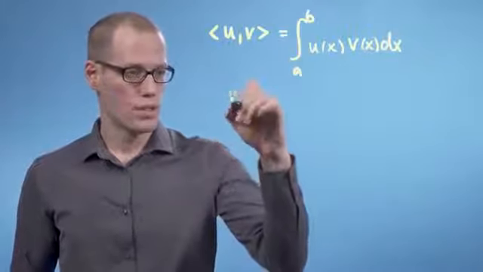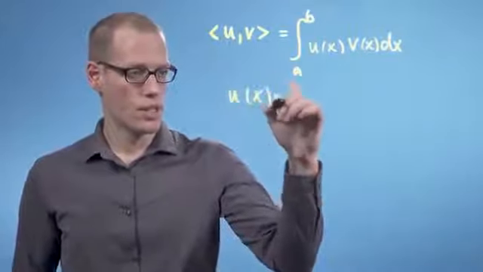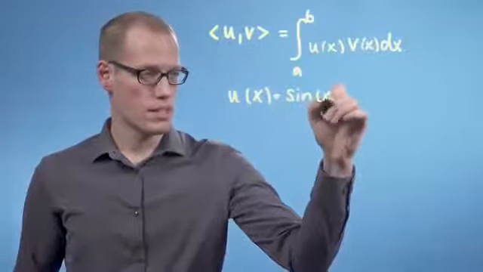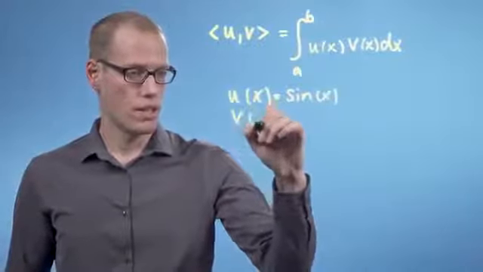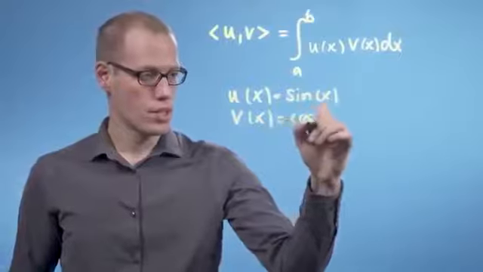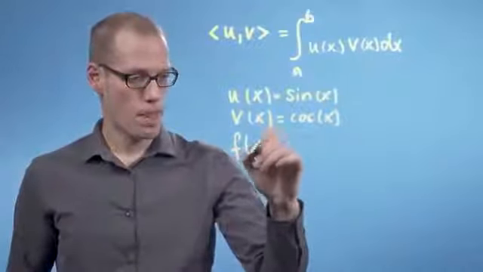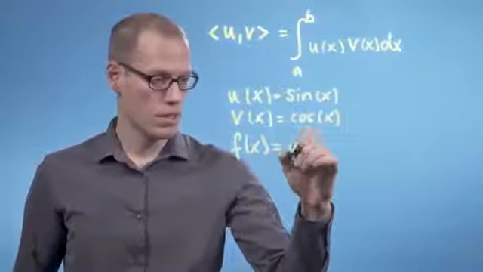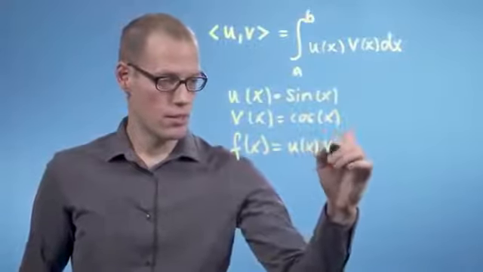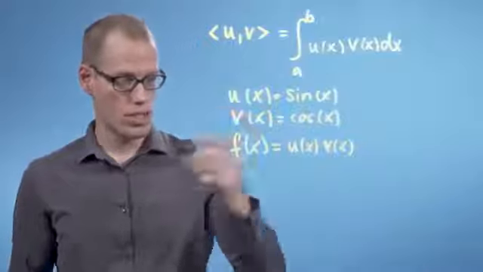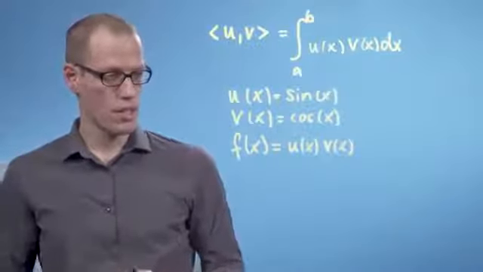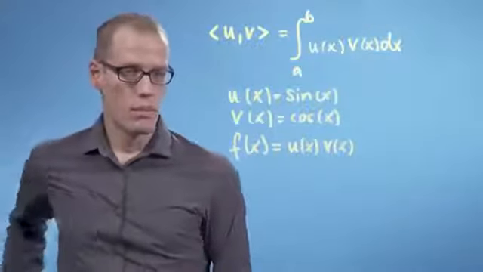If we choose u of x equals sine x and v of x is cosine of x, and we define f of x to be u of x times v of x, which is sine x times cosine x, then we're going to end up with this function.